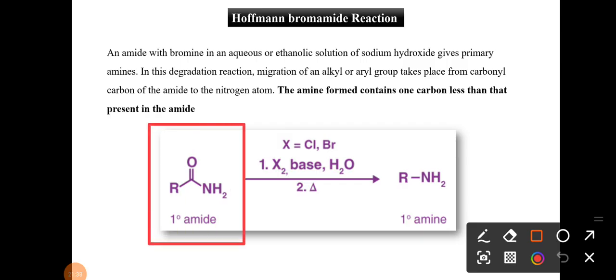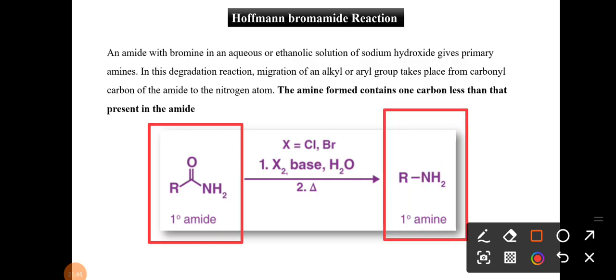You can see here there is a primary amide, R-C=O-NH2, but in your product you can see it is R-NH2. The C=O is removed from here by using different reagents, right? And what are the reagents? The reagents are also very important in this reaction: Cl2 or Br2, then a base like NaOH, then water, hydrolysis.